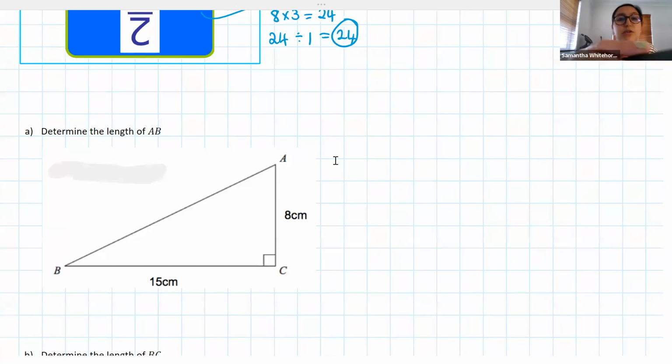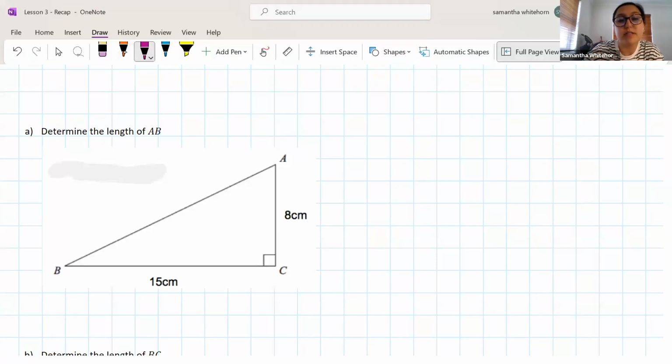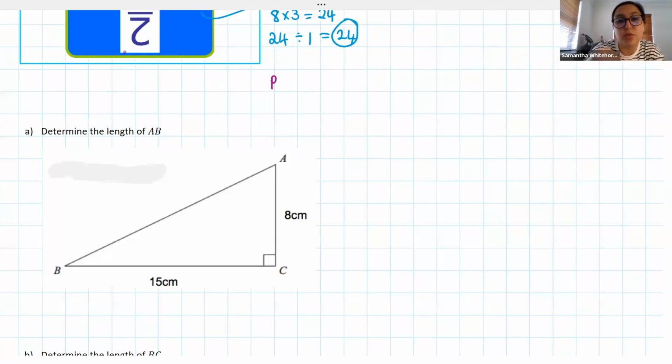Pythagoras, right. So when we are talking about Pythagoras, remember Pythagoras is a theorem that we use to work out any side length of a triangle. So Pythagoras says to us that our hypotenuse squared, and I'm just going to use a capital H to represent that, is equal to a squared plus b squared.